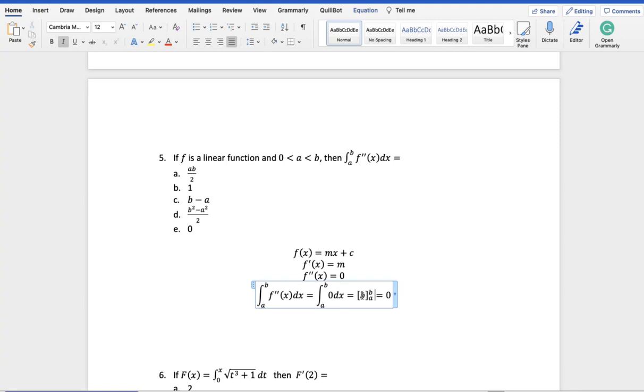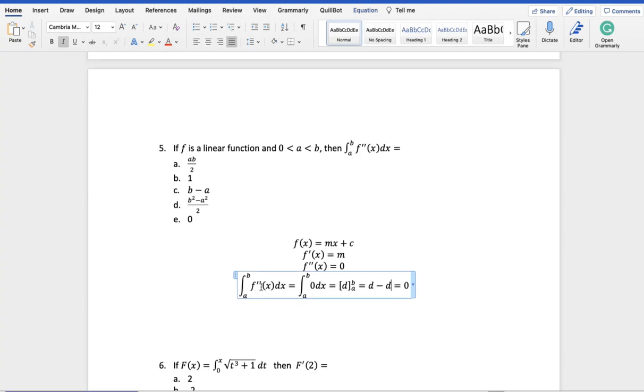So let's call it d, so it doesn't confuse. When you replace the upper limit b into this, it will just stay d, right? And when you replace the lower limit a into that, it's just going to stay d again. So it will basically be d minus d, the constant minus the same constant, which is just equal to 0. So hopefully this makes sense. Meaning the answer here is equal to 0.